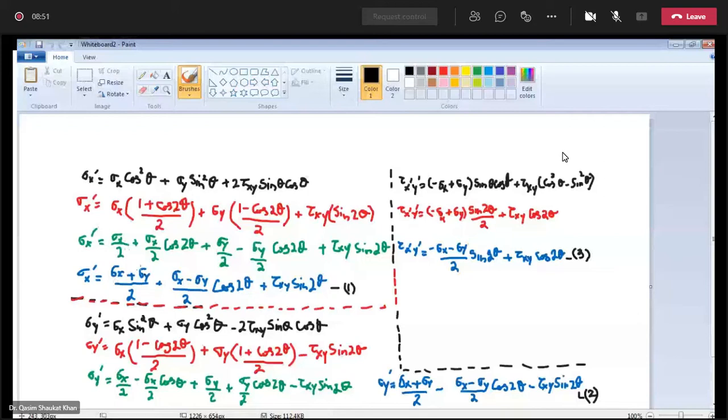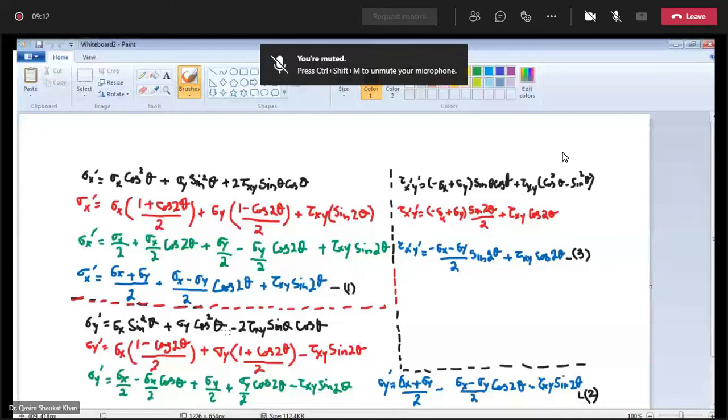The second expression which we have derived or developed last time was sigma y dash is equal to sigma x sin square theta plus sigma y cos square theta minus 2 tau xy sin theta cos theta. So now, sigma y dash is equal to sigma x sin square theta.